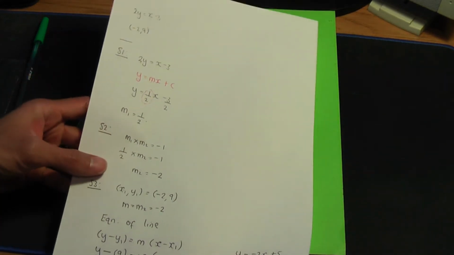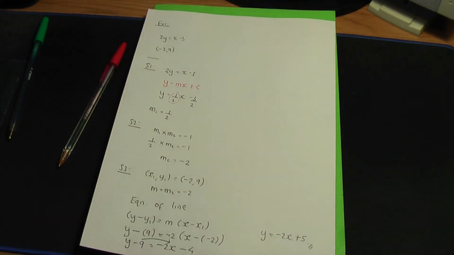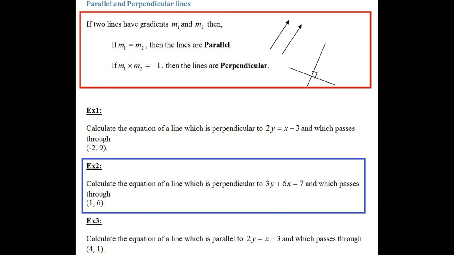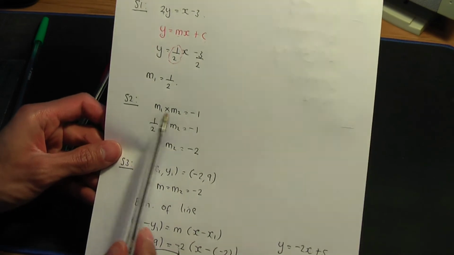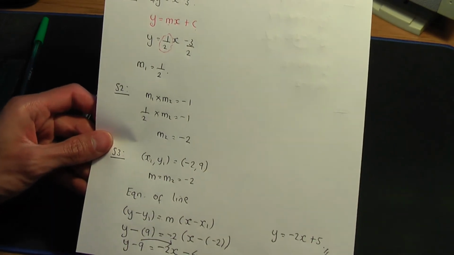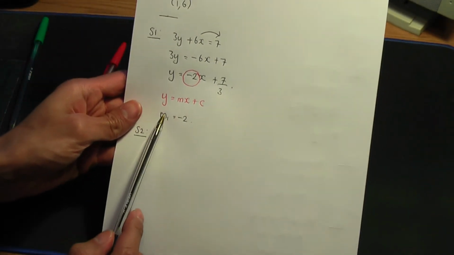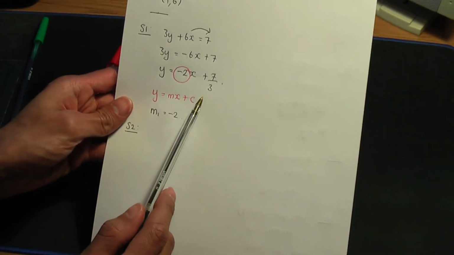So remember in step number 2, if we go back to the screenshot first of all, we need the equation of the line which is perpendicular to this line. So if we go back to the paper and pen, remember when two lines are perpendicular, m1 times m2 is equal to minus 1. So m1 we worked out, m1 is the gradient of the line in question.